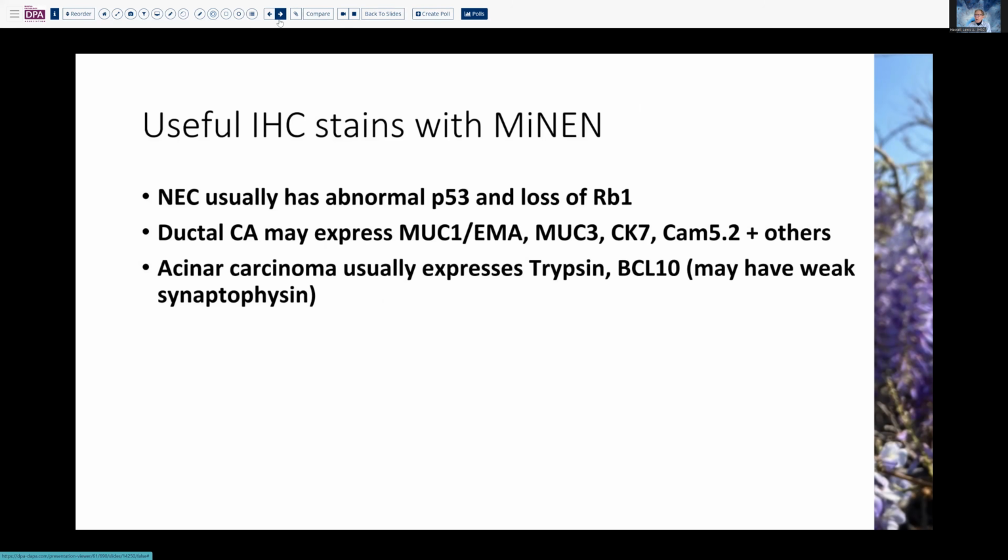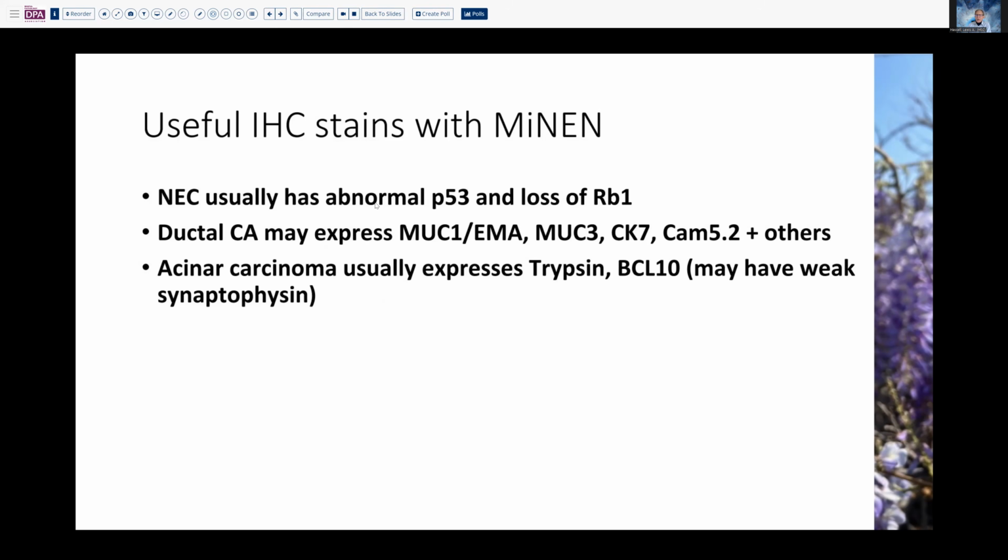So what did we do in our case? Well, we did apply some immunohistochemical stains. The usual neuroendocrine markers would be useful in terms of detecting neuroendocrine differentiation, but also neuroendocrine carcinoma often has abnormal p53 expression and will lose retinoblastoma 1 expression.